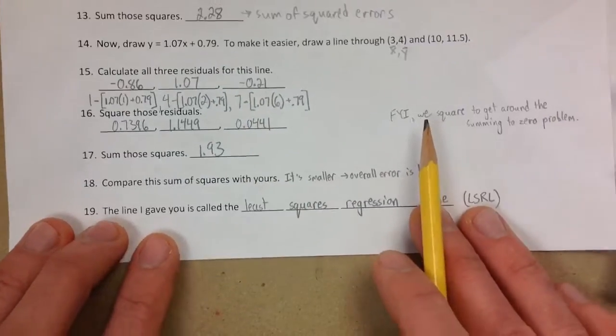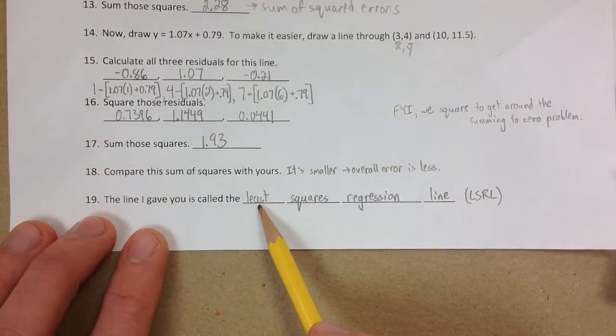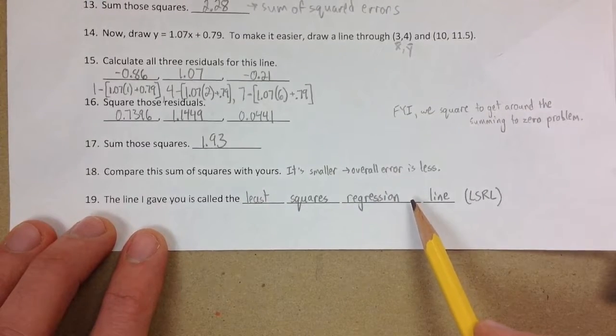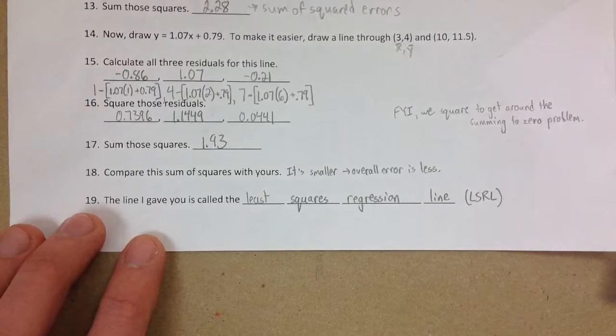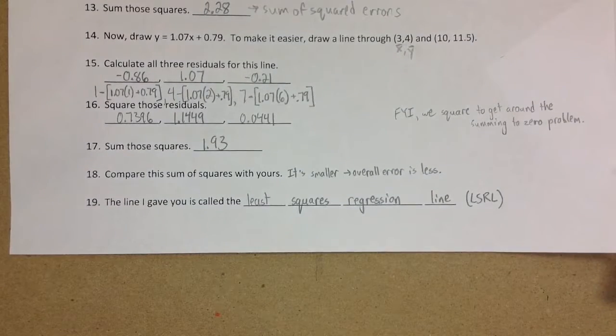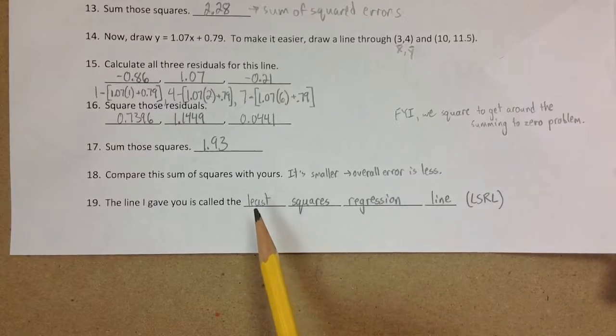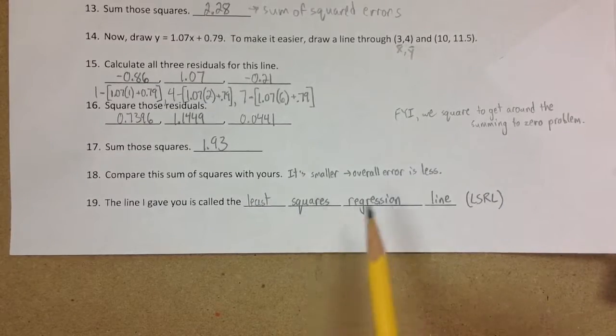And the technical name for this line is the LSRL, or the least squares regression line. And this will be, in my use, synonymous with line of best fit. So when I say line of best fit, I am implying the least squares regression line. We'll talk later about what regression means. But at this stage, I want you to know the least and the squares part, and also the line part.